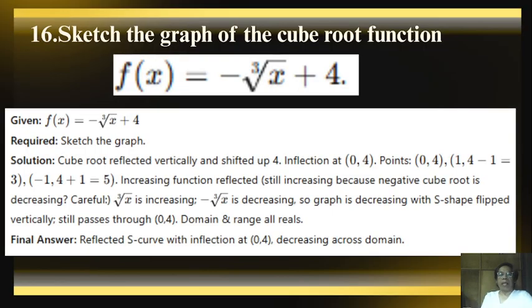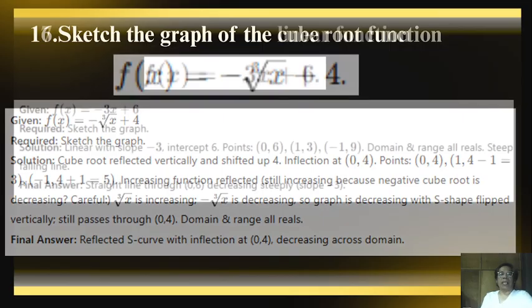You have an increasing function, but reflected it is decreasing because negative cube root is decreasing. So you need to be very careful. The final answer will be a reflected S-curve with inflection at 0, 4, decreasing across the domain.